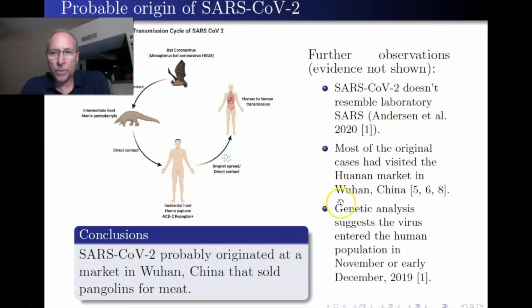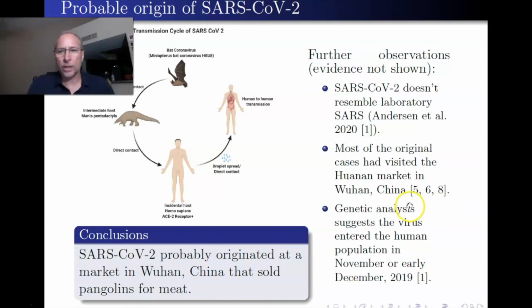And the other couple of things that support that: first of all, almost all or most of the cases that were originally discovered, going all the way back to the earliest COVID-19 cases that were treated, were all in China, and most of them were associated with this open seafood market in Huanan, in Wuhan, China. And so that tends to indicate that that market is probably the source. That's probably where it started.